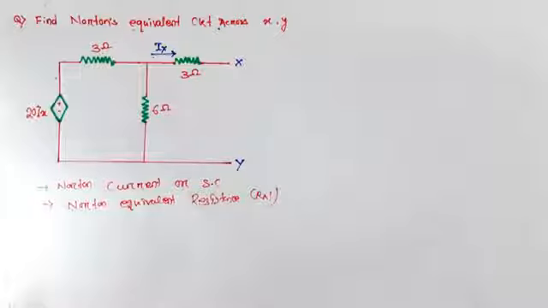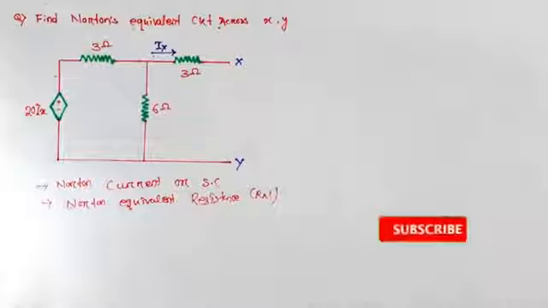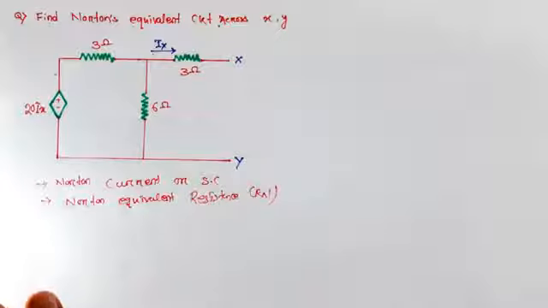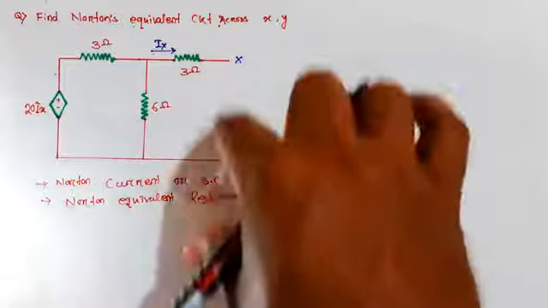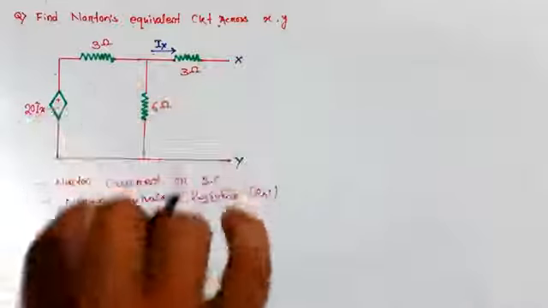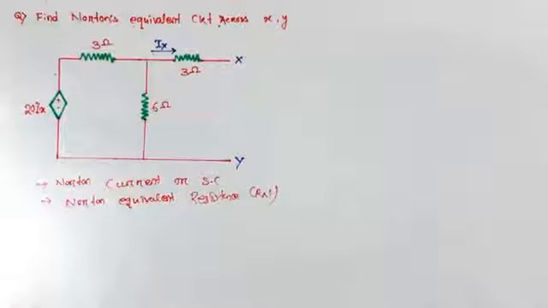Remember, if only dependent sources are present, we cannot determine the short circuit current in case of Norton's theorem, or the open circuit voltage in case of Thevenin's equivalent circuit. Always Ix equals Ix, so you cannot find it. But you can find Rn.